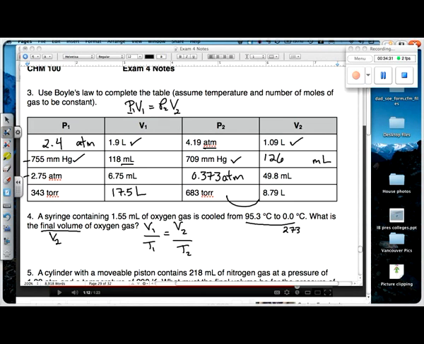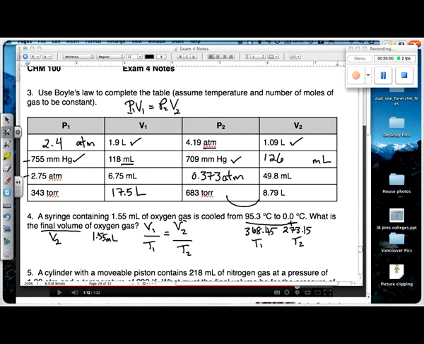So that will make this, which is T2, 273.15, because I'm adding it to 0, 95.3 plus 273.15, I'm going to end up with 368.45, and that's my T1.